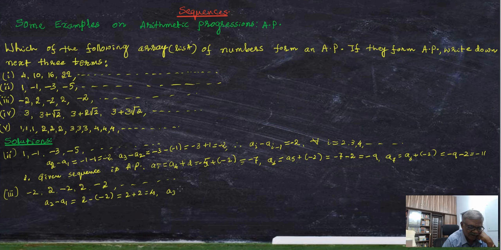And A3 minus A2, A3 is minus 2 here, minus A2, A2 is 2, that is going to be minus 4. Therefore A2 minus A1 is not equal to A3 minus A2. Thus the sequence is not an AP.